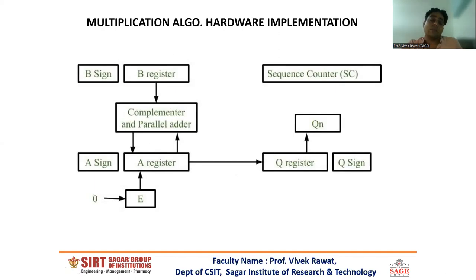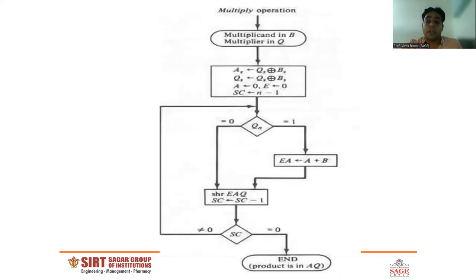In total, this multiplication process repeats 5 times. Now, in this diagram, you can see the multiplicand will be saved in the B register, and the multiplier will be saved in the Q register. AS and QS are XORed with BS. This is the whole calculation of the XOR gate. The XOR gate will give the sign answer with the help of this process.